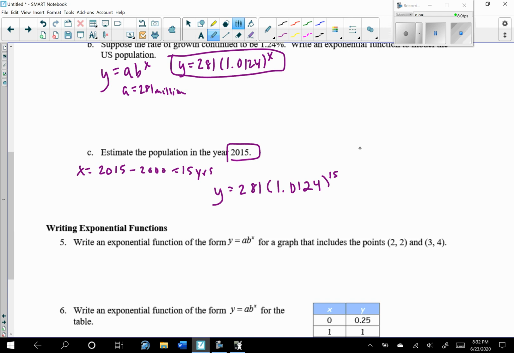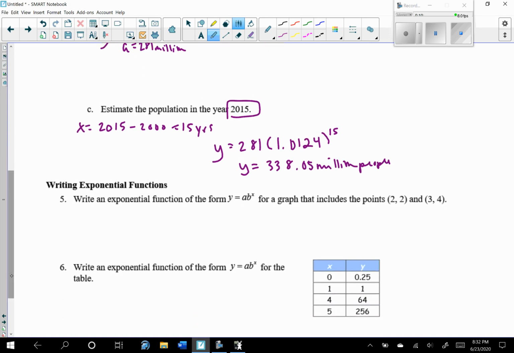And then if you plug that into your calculator, you get y is equal to 338.05 million people. Normally when you're talking about people, you don't leave decimals, but again, this is in millions, so we know that the decimal would be moving to the right, so we wouldn't actually have part of a person.